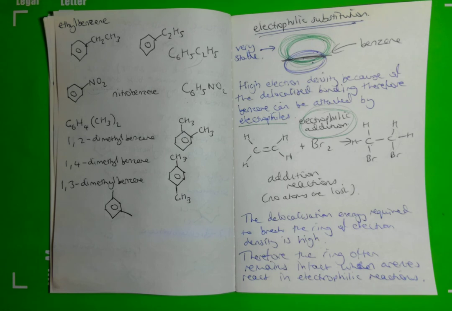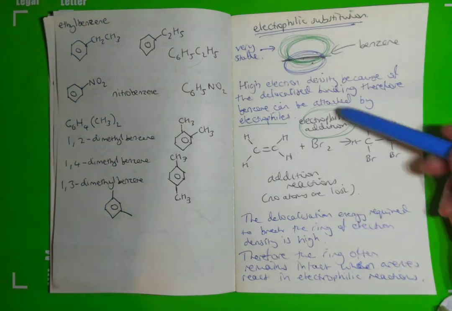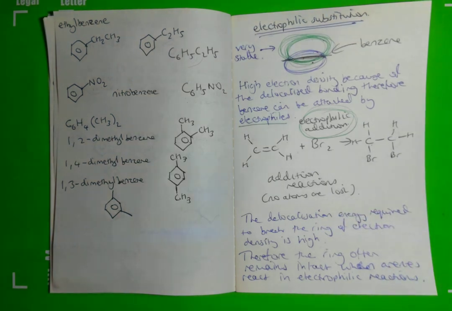Therefore, the ring often remains intact when arenes react in electrophilic reactions. So the above two points here mean that most reactions of aromatic systems are electrophilic substitution reactions. We'll look closely at that in the next subtopic, which is 27.3.